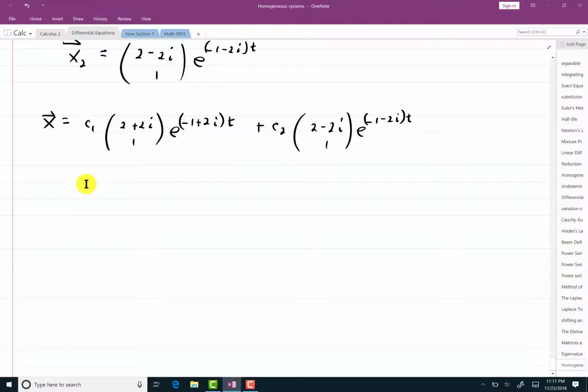If I have e to the negative 1 plus 2i times t, I can write that as e to the negative t plus 2it, or e to the negative t times e to the i times 2t.